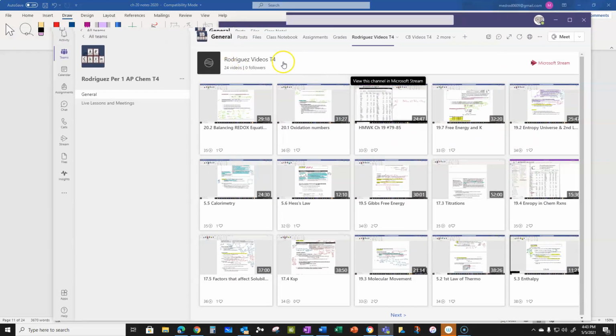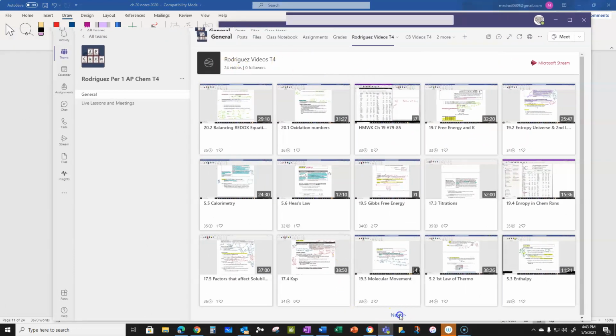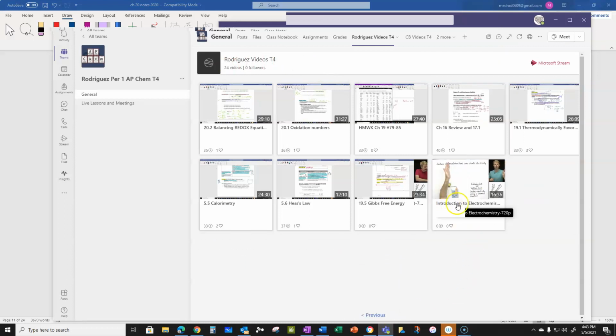Under Rodriguez videos, on the next page, this very first one, Introduction to Electrochem, you're going to be labeling and drawing to help your understanding, because it's this one lab. It's like titration. I wish we could do this. If I could pick just two labs for us to do, it would be this one and the titration one, because it really makes sense when you physically can see the precipitate form on the cathode and how the anode actually starts to shrink over time.